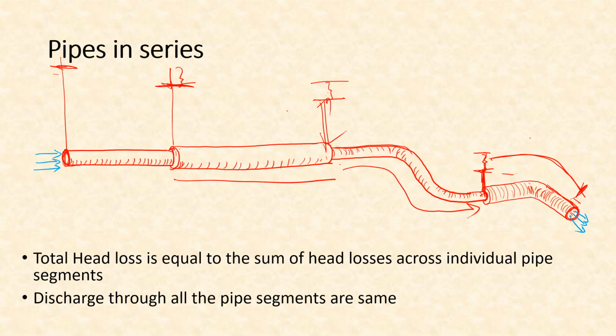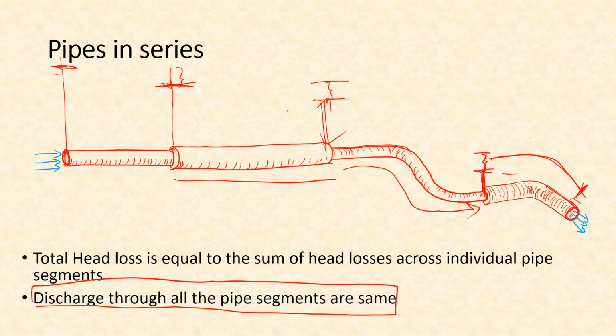So this concept can be used, and one thing that remains constant here is that the discharge through all the pipe segments is the same, because whatever amount of water is coming through this pipe, the same amount will go through the next pipe, and the next, because it is the same line.